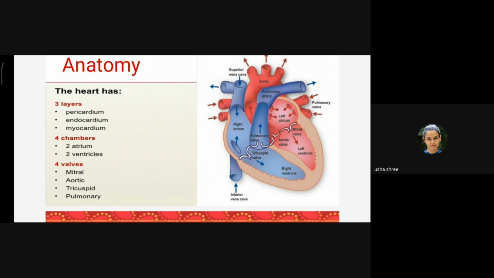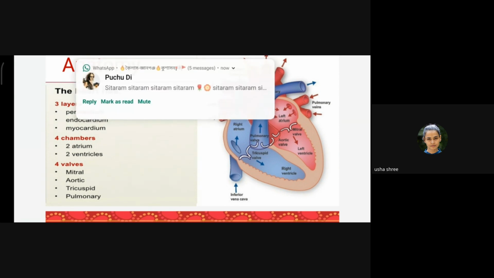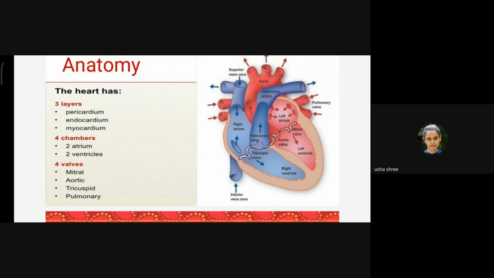Which one, ma'am? Aortic? Yes, pulmonary valve is the valve that is used for sending the blood from the lung to the heart. No, pulmonary artery is the artery or blood vessel. Pulmonary valve is the valve between the lung and the heart, is it?